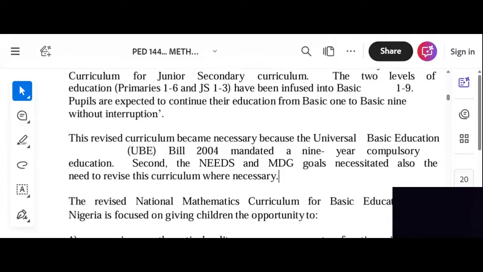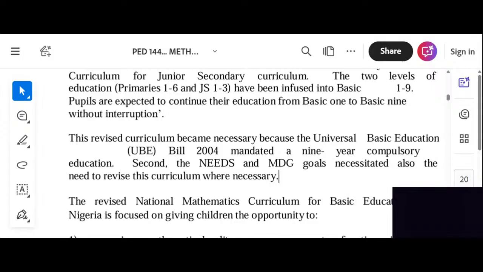They were set by the United Nations in 2000, to be achieved in 2015 or so.